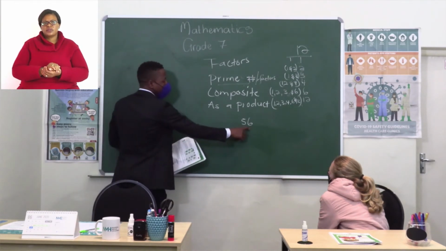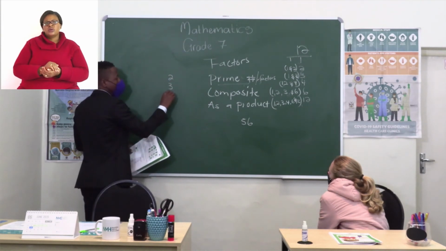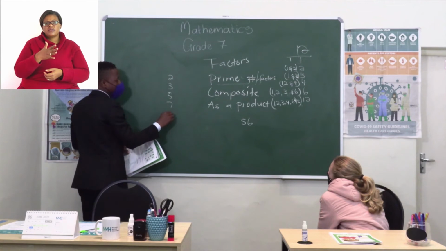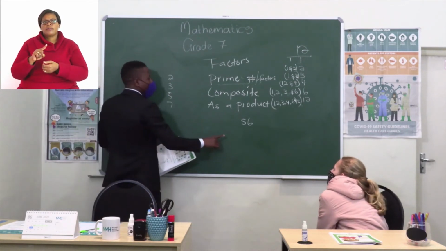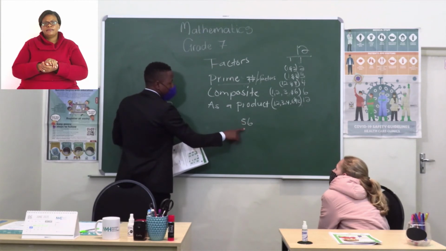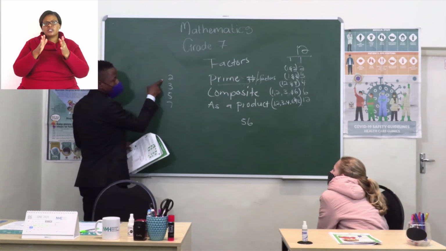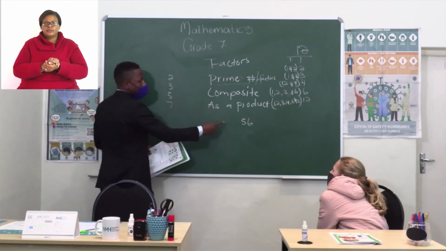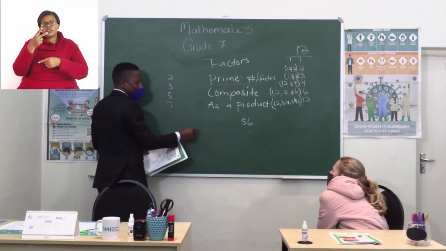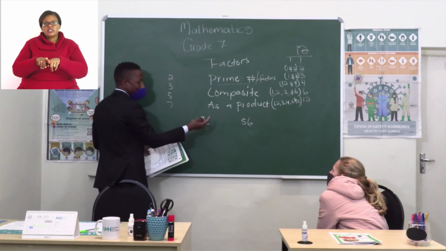Why do we have to halve? Prime factors are 2, 3, 5, 7, and it goes on. But when it comes to factorizing, we start with the lowest possible prime factor, which is 2. When you divide by 2, you are halving. Just an example, 10 divided by 2 gives you 5.